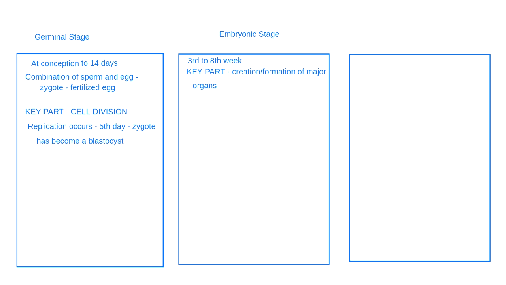For our last and final stage, we have the fetal stage, which lasts from the 9th week to birth. The key part of this stage is continued growth and maturation.